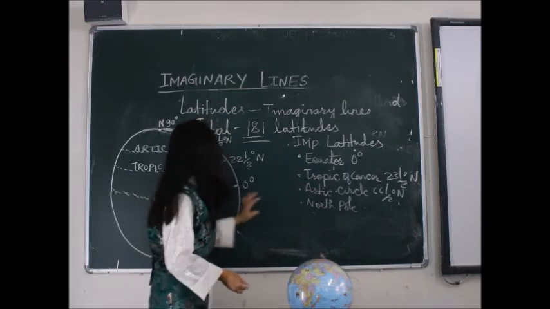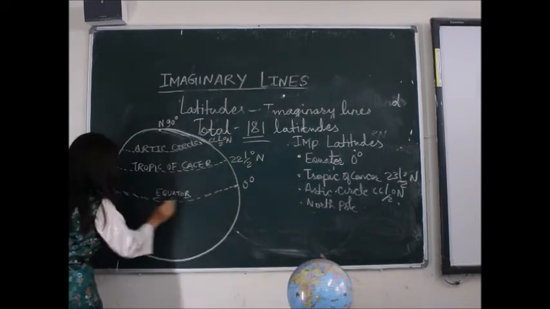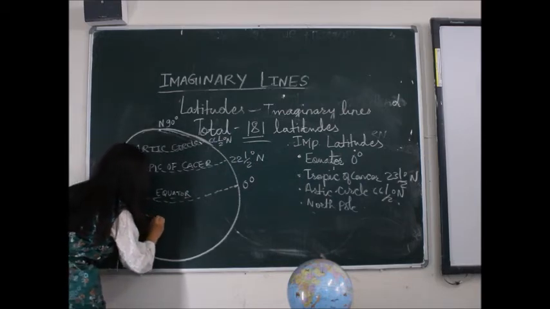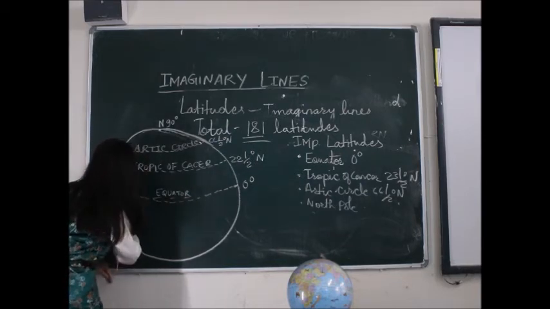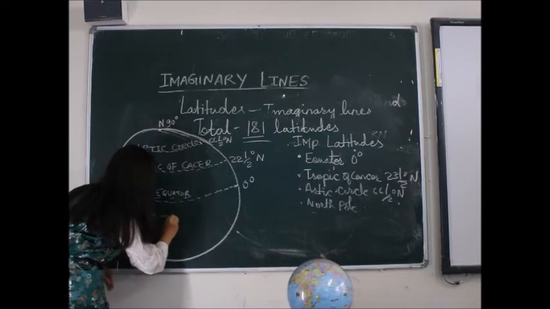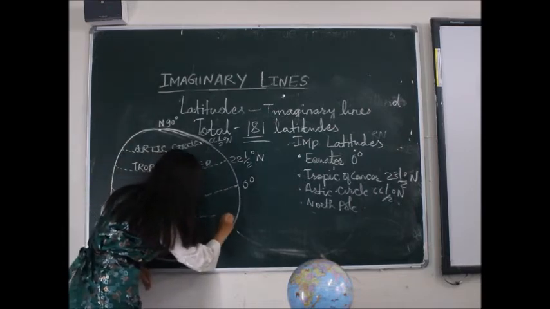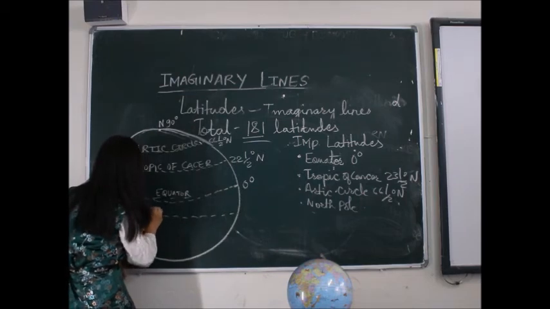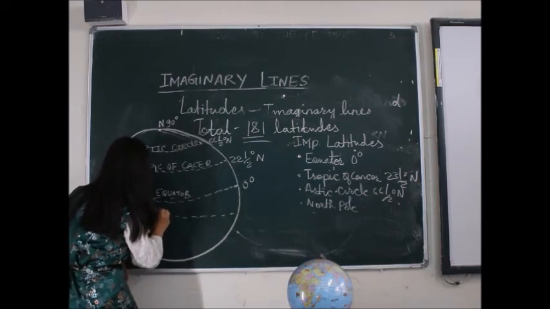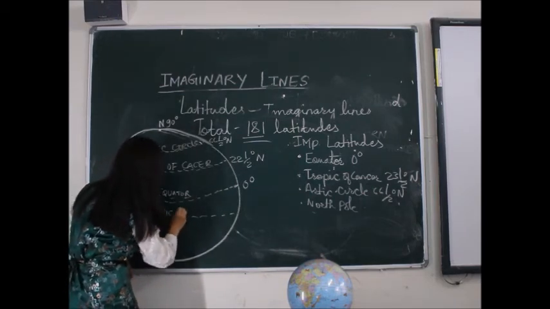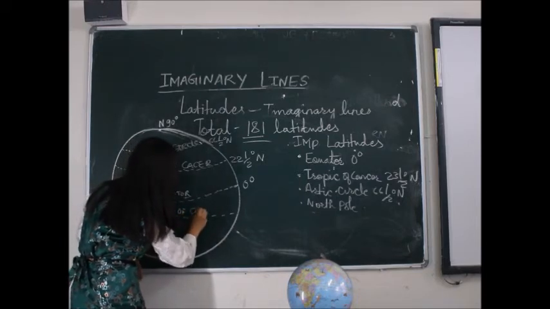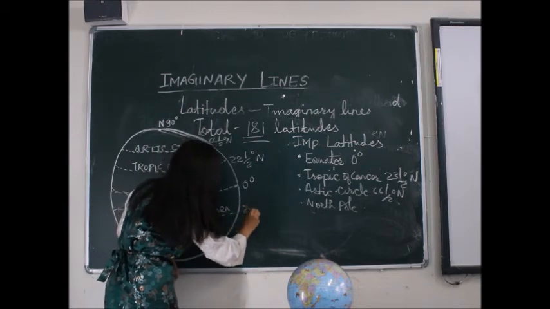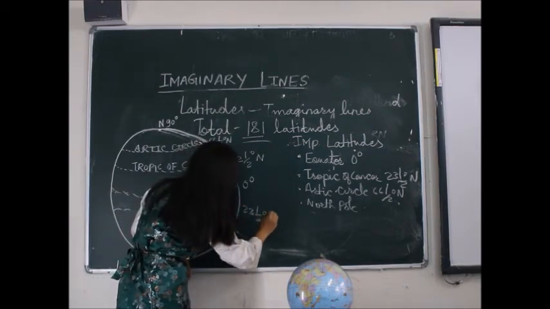And if you move from the equator towards the south, you'll find Tropic of Capricorn, 23.5 degree south.